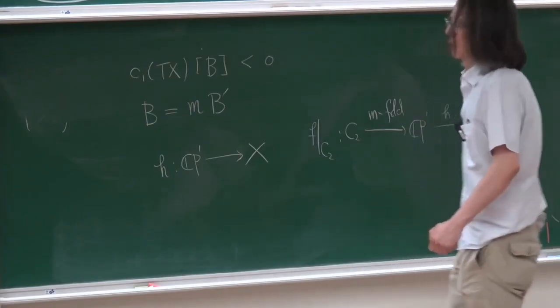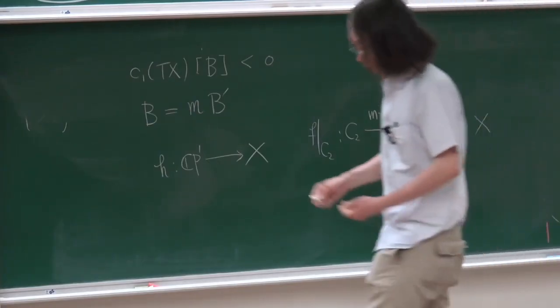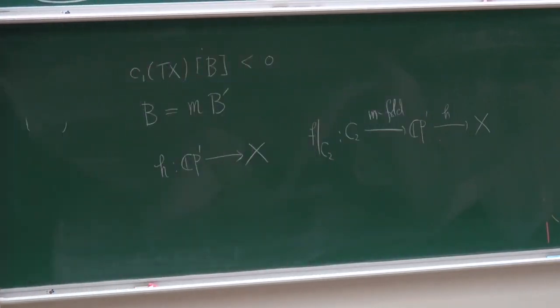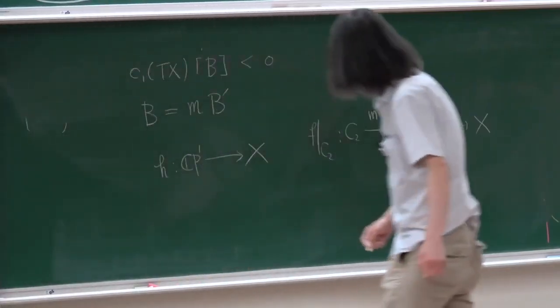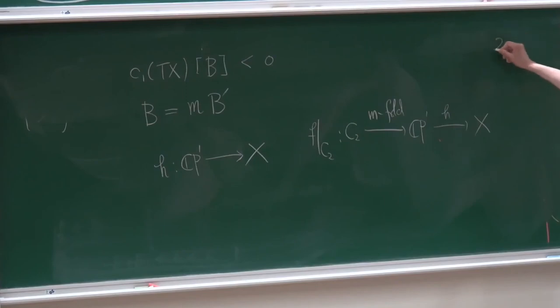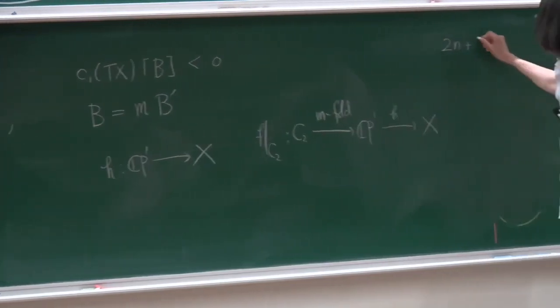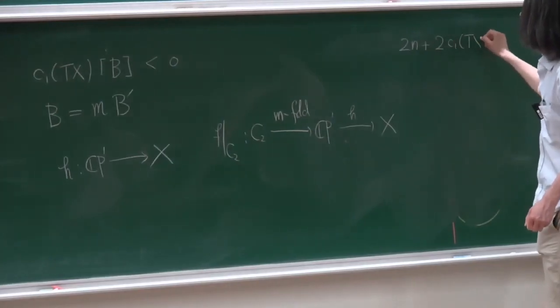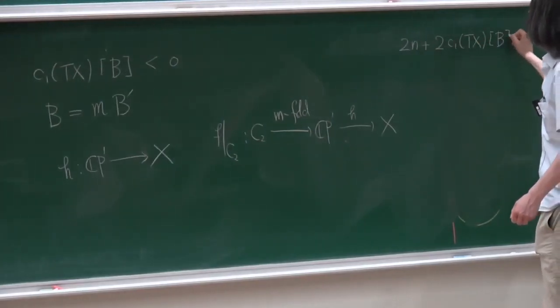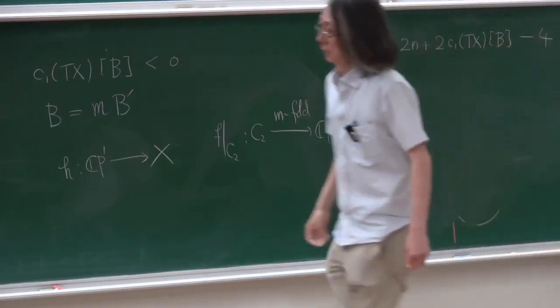Then what happens? I just want to tell you the dimension of this B part. There I wrote 2n plus 2c1(TX)(B) minus 4 here.